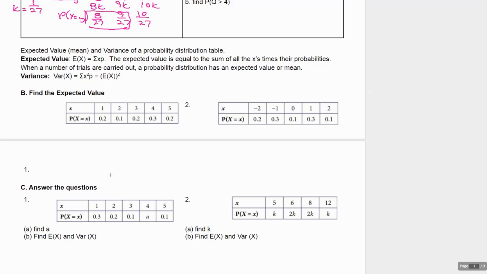Well, with a probability distribution table, it's pretty similar, only what we're going to do is just multiply the numbers times their probabilities. So this is going to be 0.2 plus 0.2 plus 0.6 plus 1.2 plus 1.0. All I'm doing is multiplying 1 times 2, adding this up, and that's going to be the expected value.